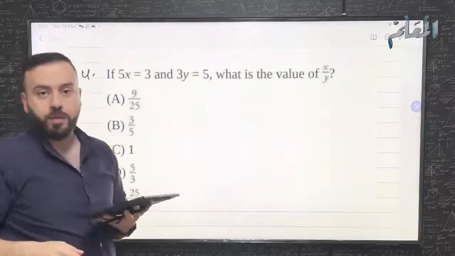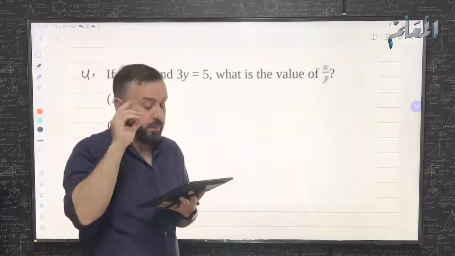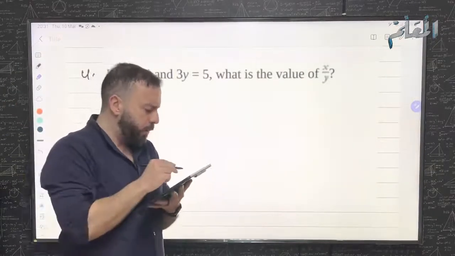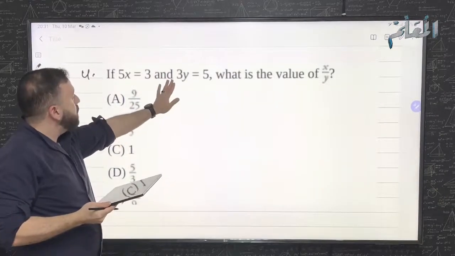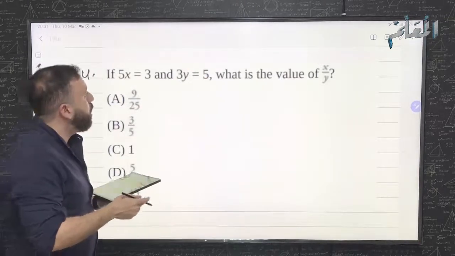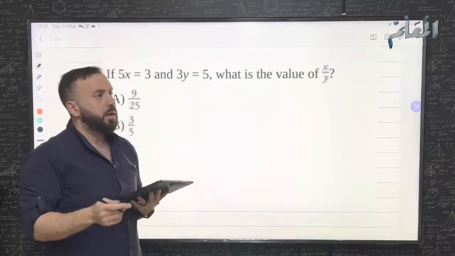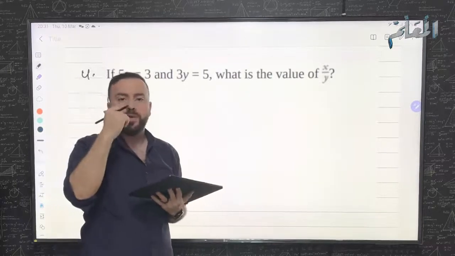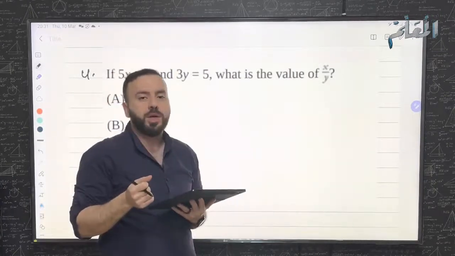Okay, question 4. Check this with me. Some small tricks, funny games. If 5x is equal to 3 and 3y is equal to 5, what is the value of x over y? In this case, you remember in numbers and operations, we did a question where we put d as a subject.